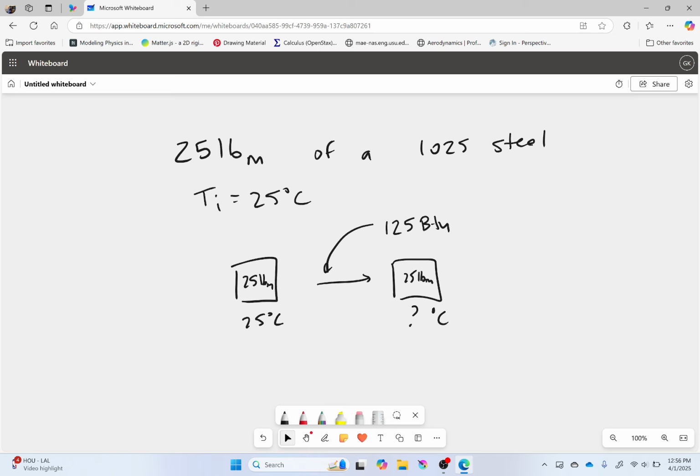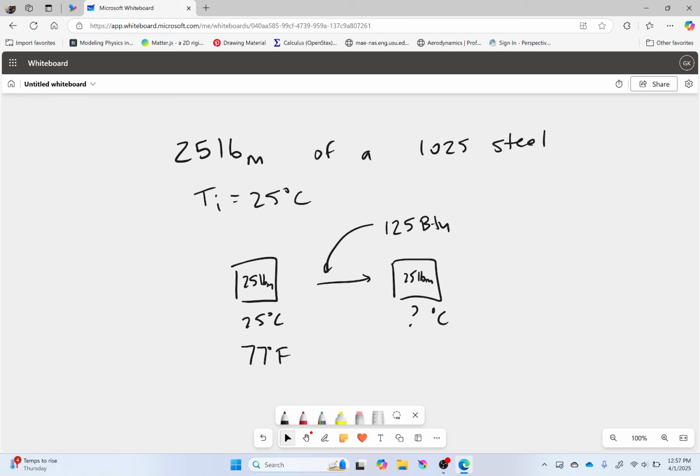Now I'll give you one easy thing here. That 25 degrees Celsius, that is 77 degrees Fahrenheit. If you don't know how to do that, it's not too hard. Just plug it in Google. I'm sorry, I had to say that. Okay.